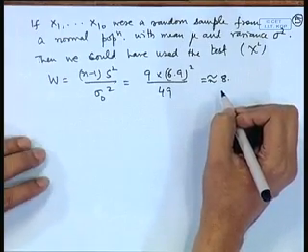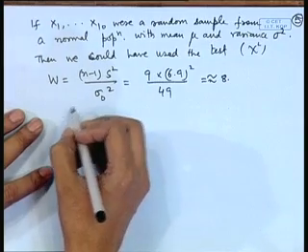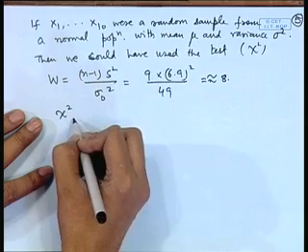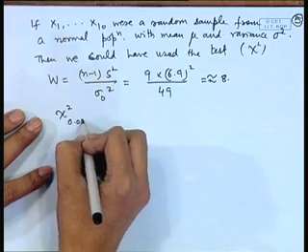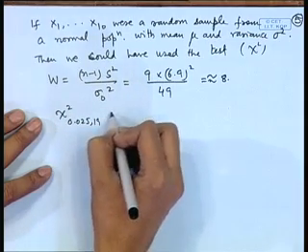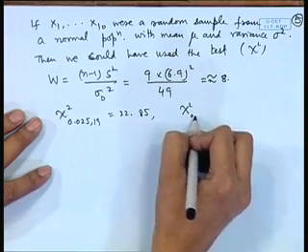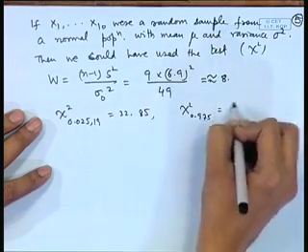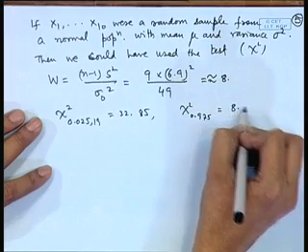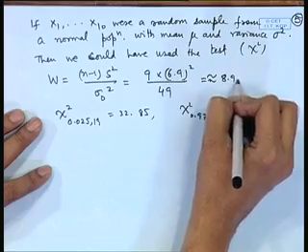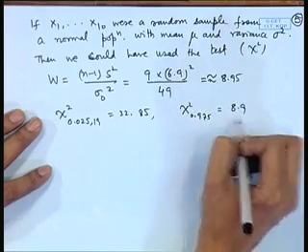If we see the chi-square values from the tables, chi-square 0.025 is 32.85, and chi-square 0.975 is 8 point something, closer to 8.9 here.